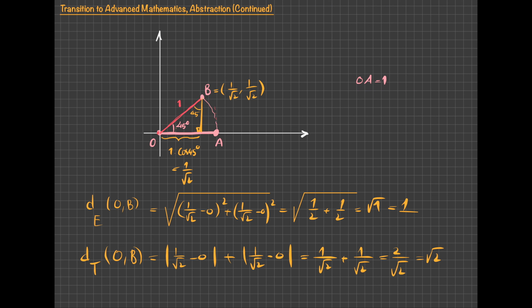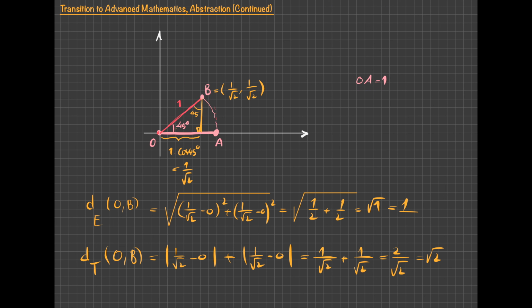So then we see that, even though these two metrics are mathematically sound and consistent, we need to prefer the Euclidean metric over the taxicab metric. Okay, so that is also an important point that I want you to know about.